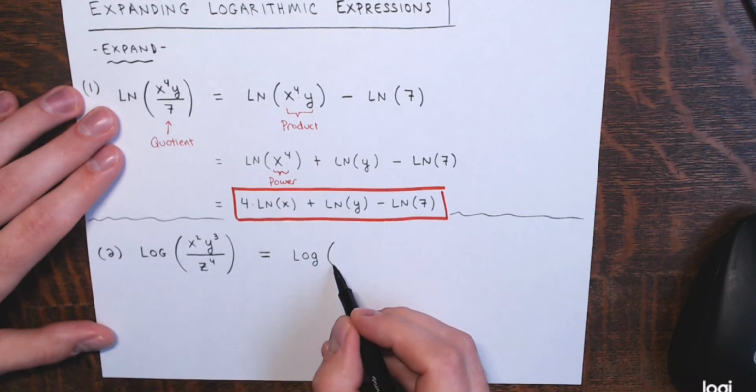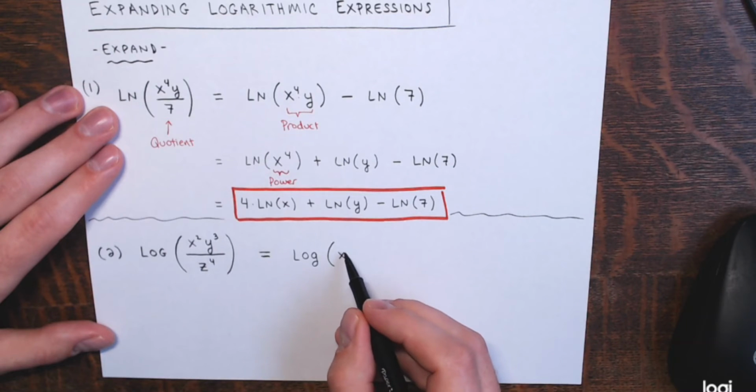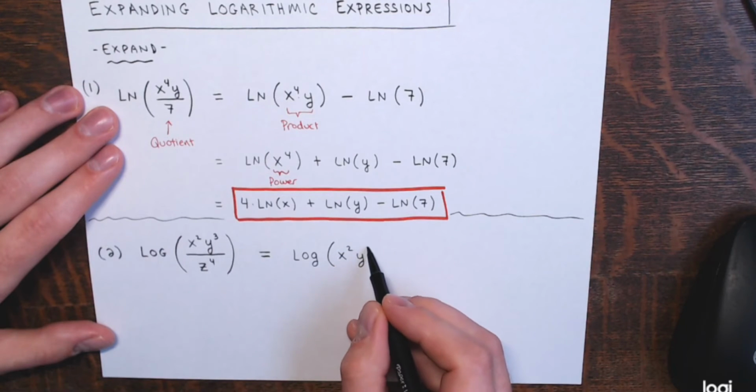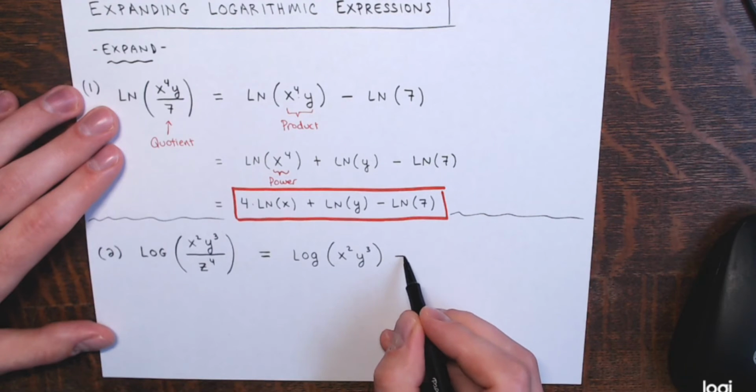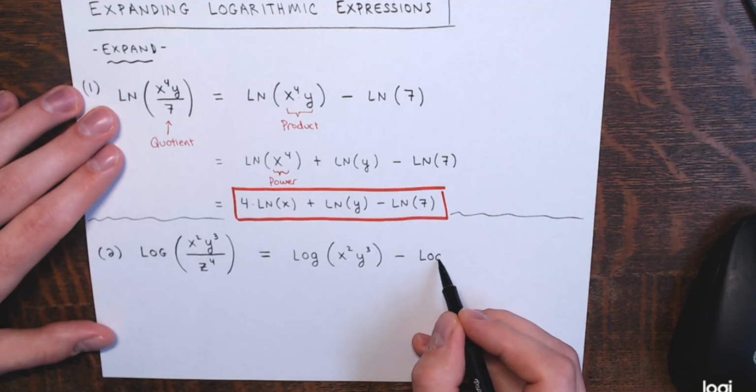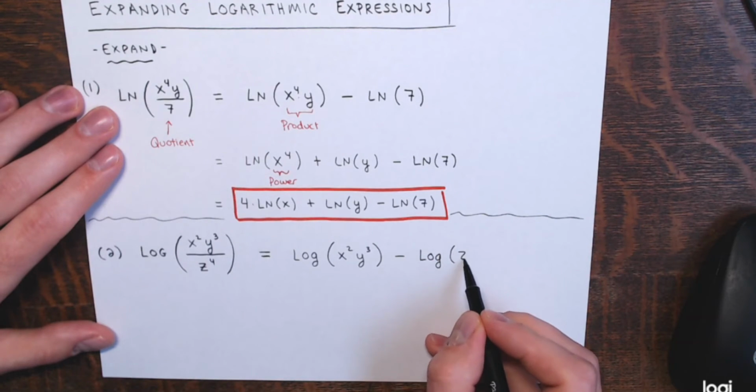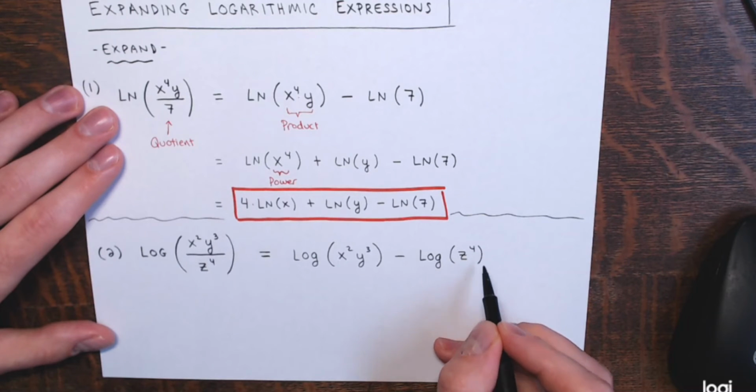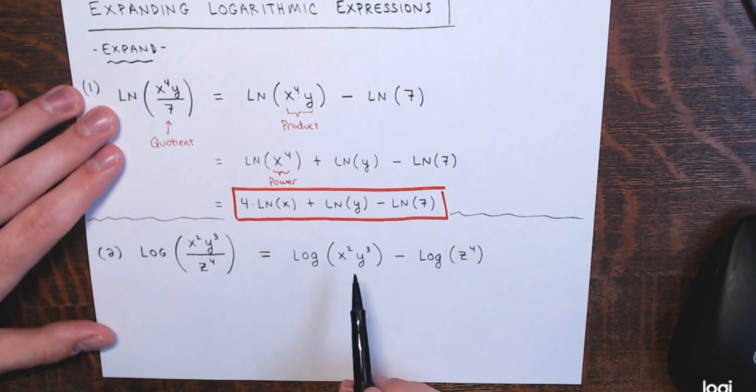The log of the numerator, x squared times y cubed, minus the log of the denominator, right? The log of z to the fourth. And then inside this first log, there's a product, right? Again, you can't just pull the powers out, right? Not everything in here is raised to the second.